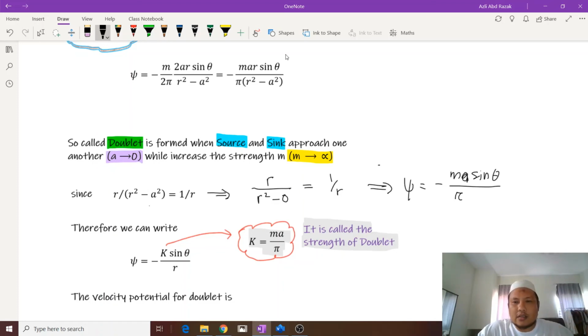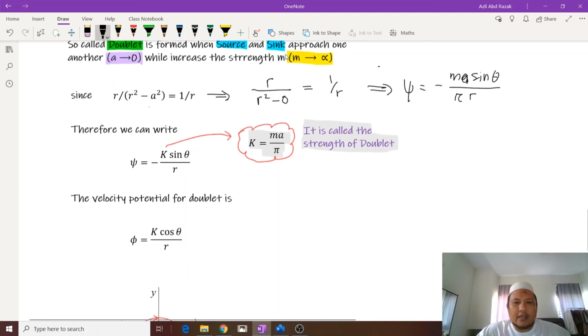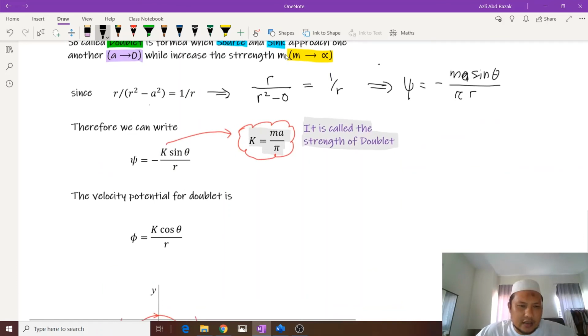So now we can say that ma divided by pi is equal to k. Therefore, we can write the equation as psi equal to minus k sine theta divided by r, where k is ma divided by pi, which we call the strength of the doublet.